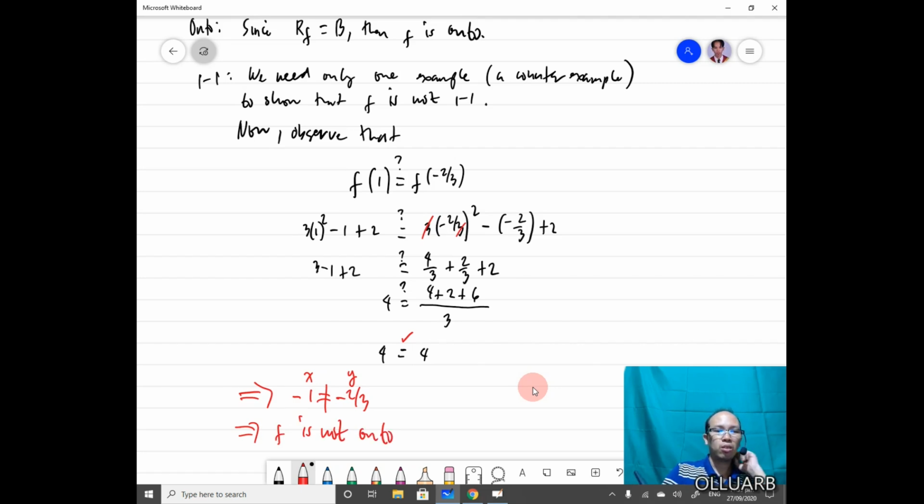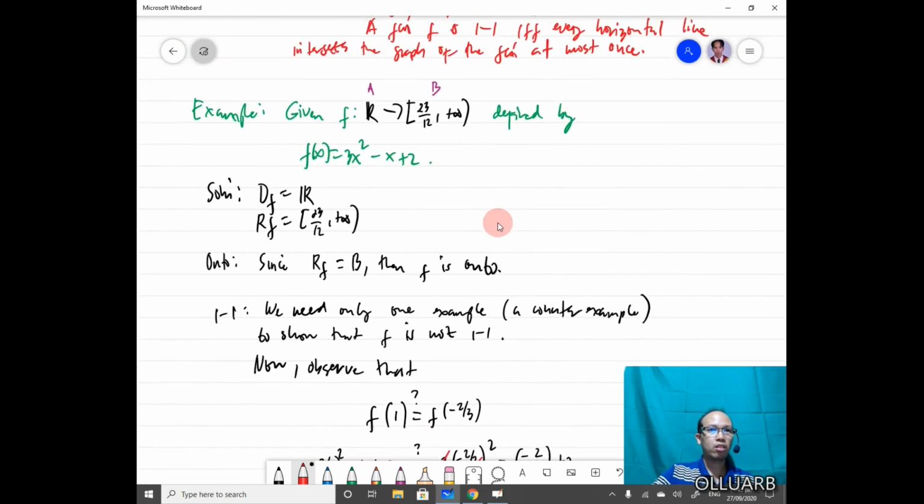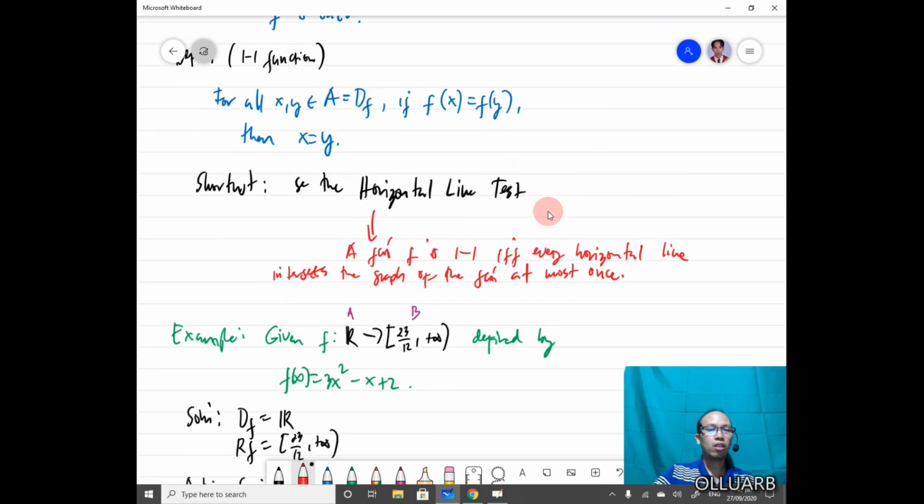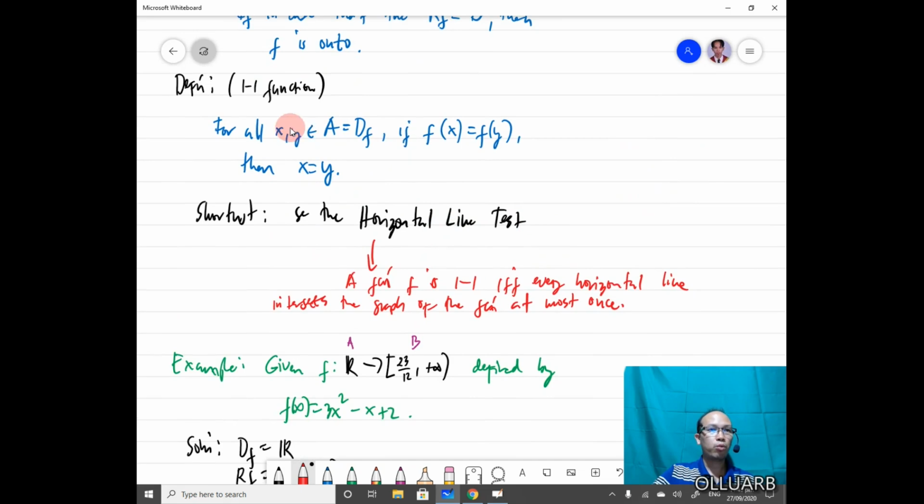So if you can find a point or points on the domain for which the definition fails, then, well, it's not true for all values, but I would rather say that if you can find one, then automatically the given function is not one-to-one.